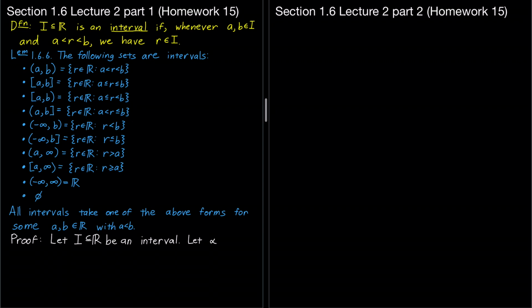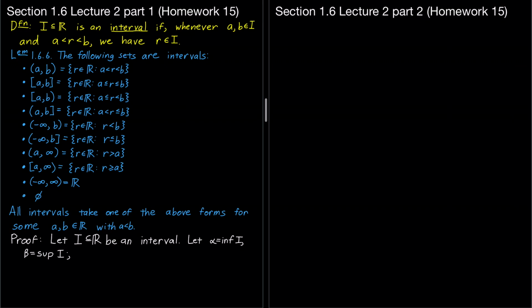Notice that I is a set of real numbers, so let alpha be the infimum, the greatest lower bound. If I is bounded below, then it has an infimum. If it's not bounded below, that is, if there are elements of I as negative as you want, we can just let alpha be negative infinity. And similarly, we're going to let beta be the supremum.